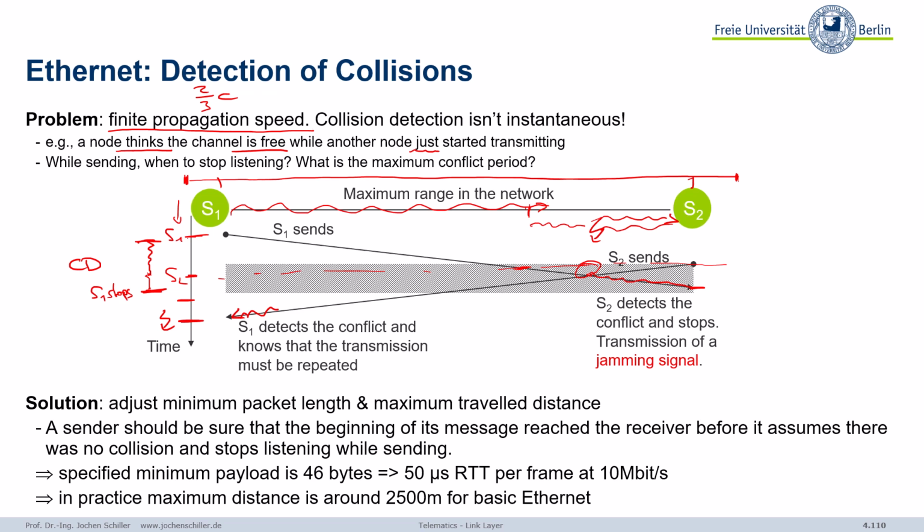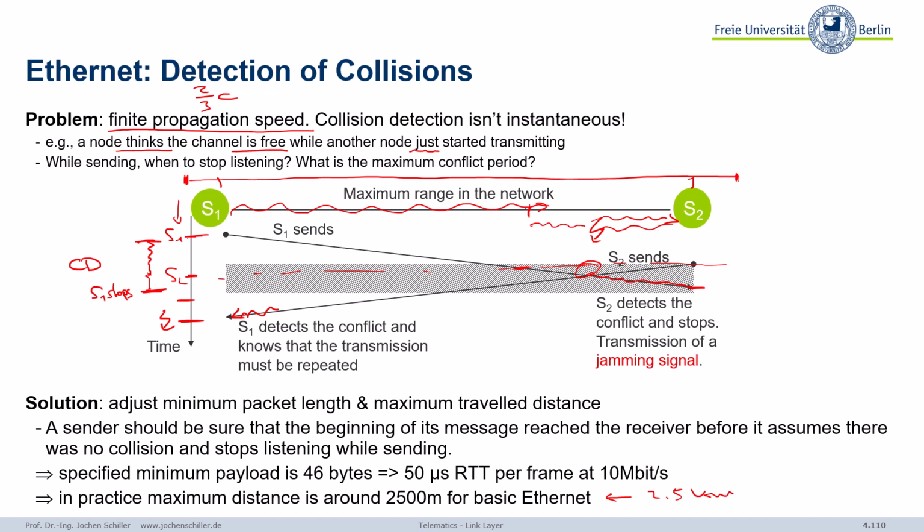And this gives us then, when we do the math, a certain minimum payload at a certain data rate with a certain round trip time, here 50 microseconds at a certain distance, etc. Some safety, some guard time in between. So in the end, this is how we come to these 46 bytes for this very initial standard of this 2.5 kilometer Ethernet.